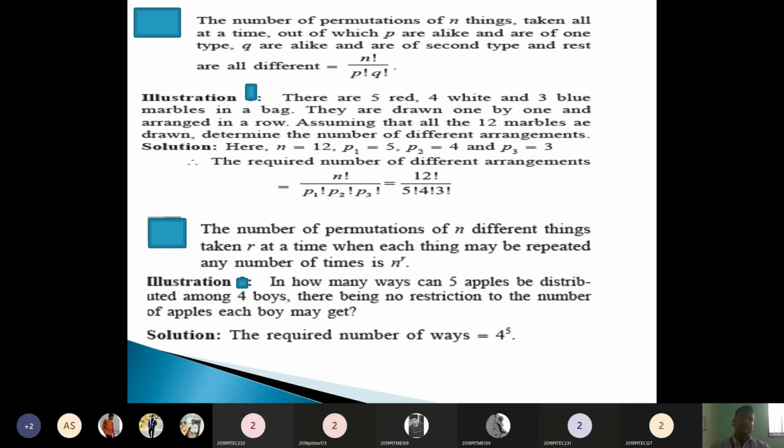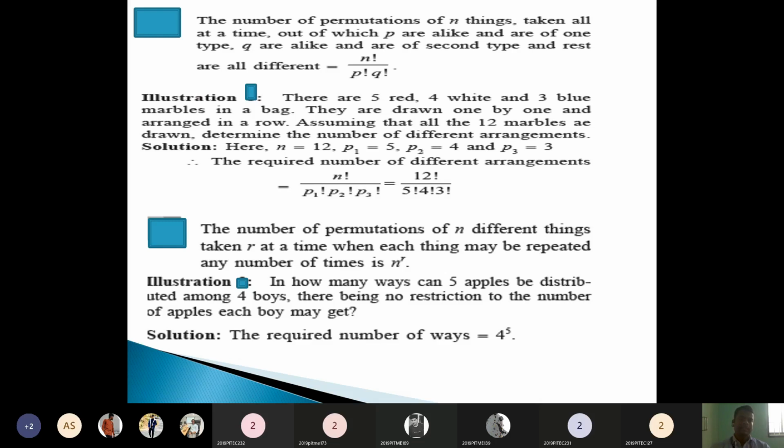In that, a few objects are alike, of the same group. For that, the permutation will be n factorial divided by p factorial into q factorial. So p objects are of the same type and q objects are of the same type in the total number of objects.